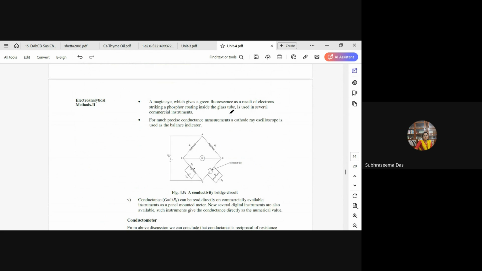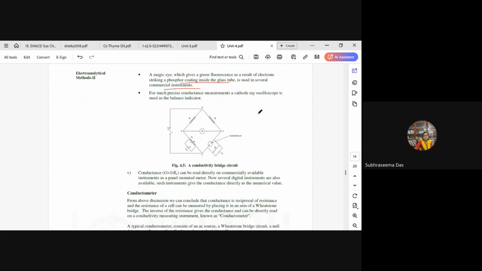A magic eye, which gives a green fluorescence as a result of electrons striking a phosphor coating inside the glass, has also been used. For precise measurements, a cathode ray oscilloscope is used as the balance indicator. These are some cases where different balance indicators can be used.